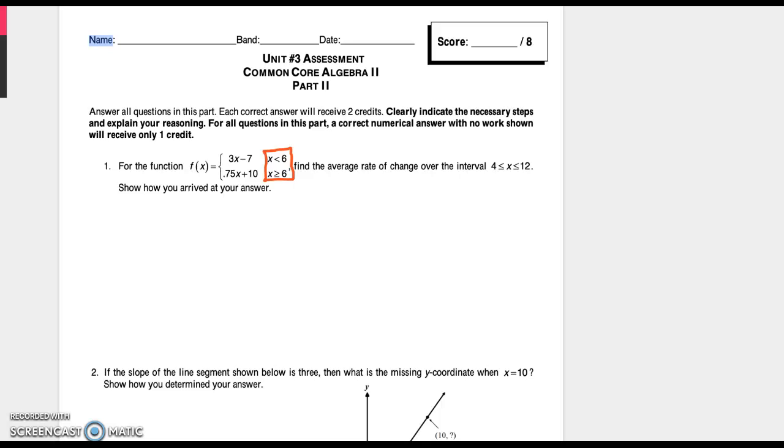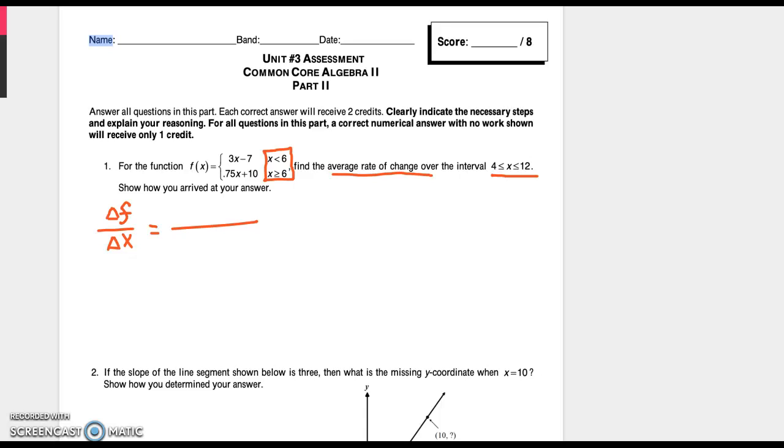Okay, now we are going to find the average rate of change on the interval for x between 4 and 12. Hopefully you guys remember, because I said it a lot of times already. Average rate of change equals delta f over delta x.